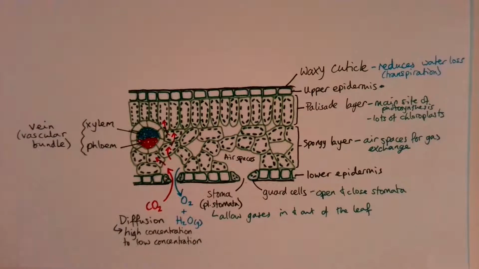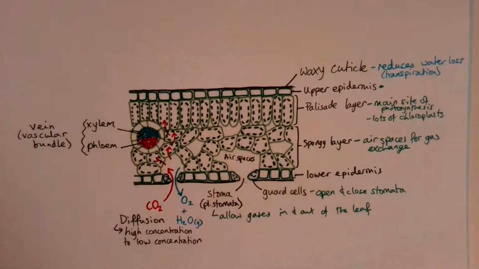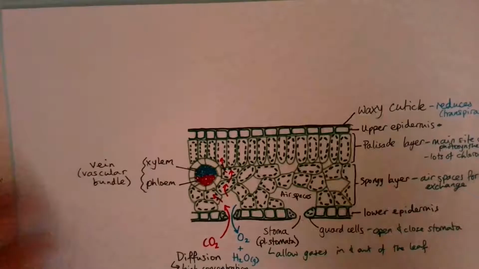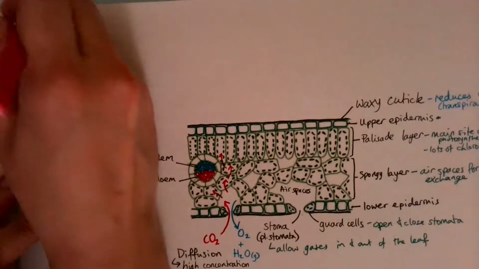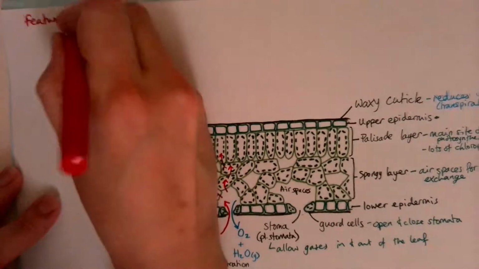Okay, so let's consider what makes an exchange surface good, because essentially this is an exchange surface for carbon dioxide and oxygen. So what is it that makes an exchange surface good? And you should already be aware of some key features of specialised exchange surfaces, but let's go over them.